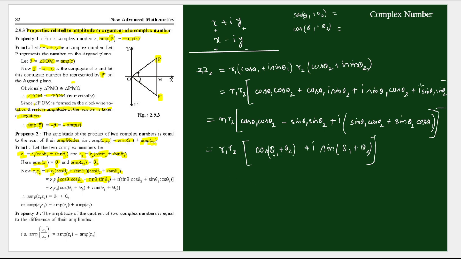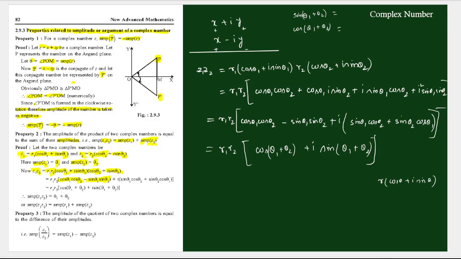So what is the angle here? This is like the form r (cos theta + i sin theta). Our r is r1 r2, and our angle is theta 1 plus theta 2.